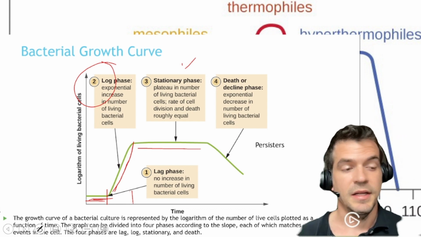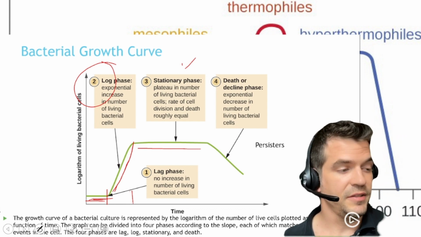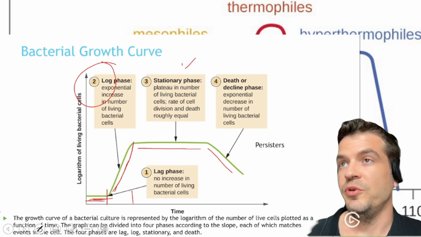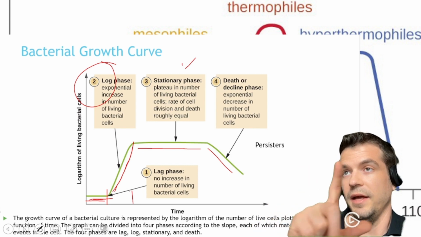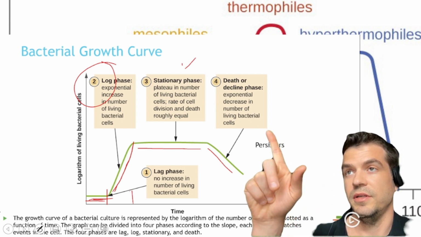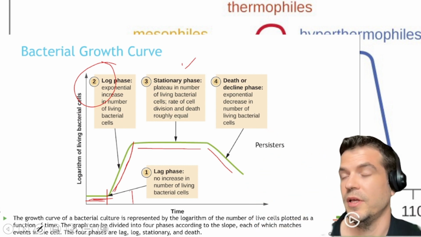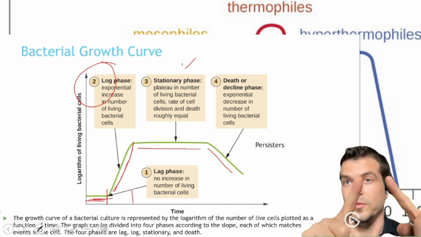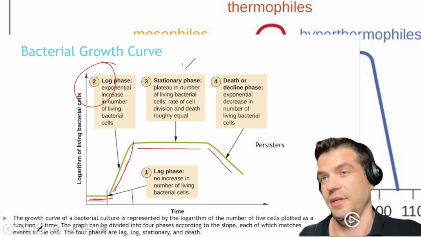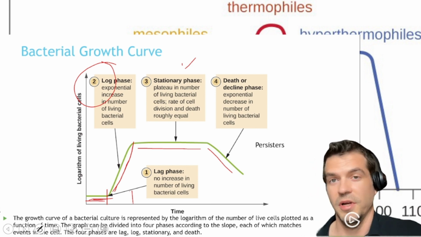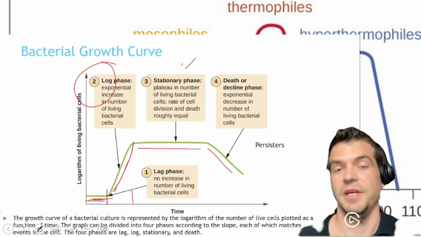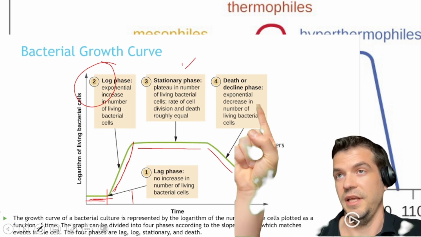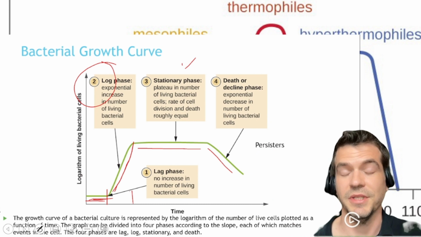Then we get into the death phase, or decline phase. Just as we explained number 2, our log phase, we're going to get into our death phase. Instead of 1 becoming 2 really quickly, 1 becomes 0 rather quickly. The number of new growths is outpaced by the deaths. And again, you see an exponential decrease.